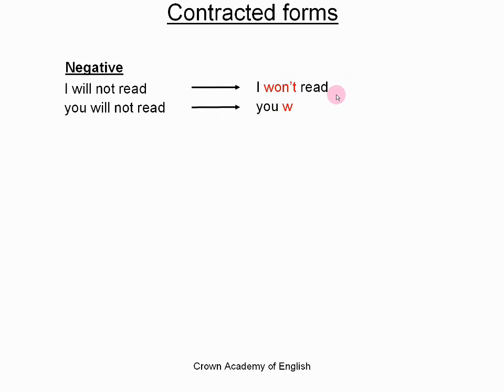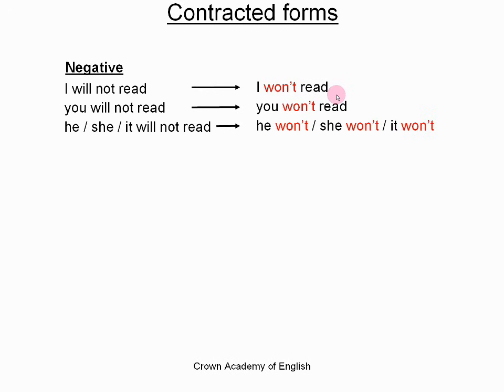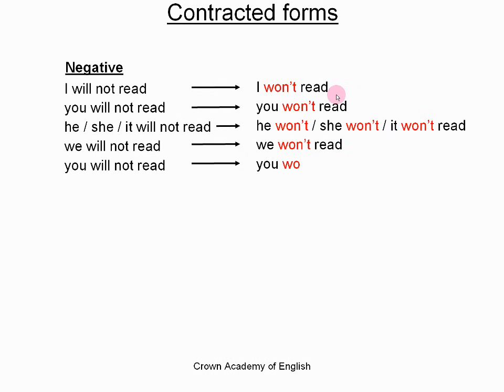Now let's look at the contracted form for the negative. I won't read. You won't read. He won't, she won't, or it won't read. We won't read. You won't read.